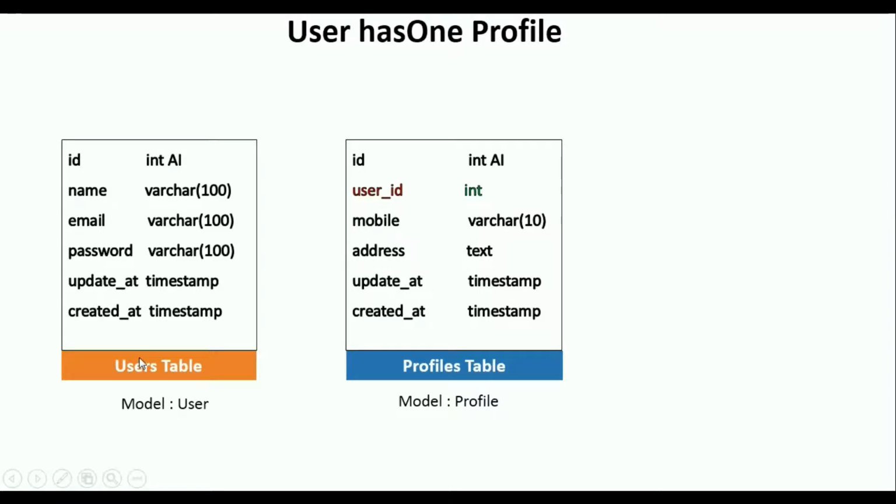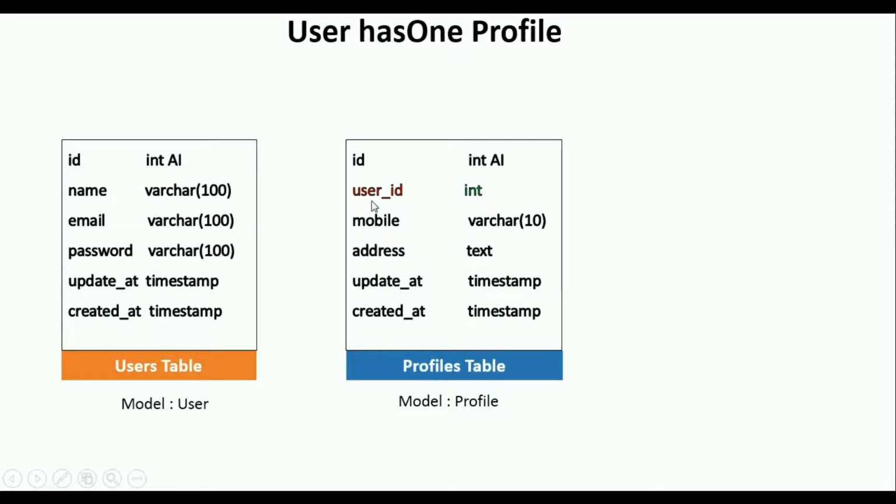The users table is called the parent table and the profiles table is called the child table. In the child table you have to create one field called user_id. Why am I writing user_id? Because the model name is User here. So that's why you have to define users_id. This is the foreign key.